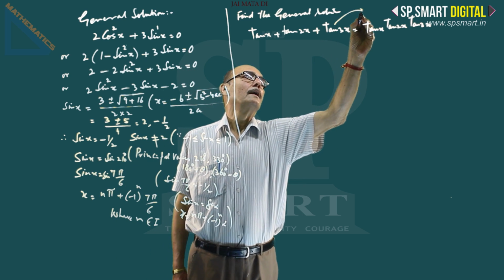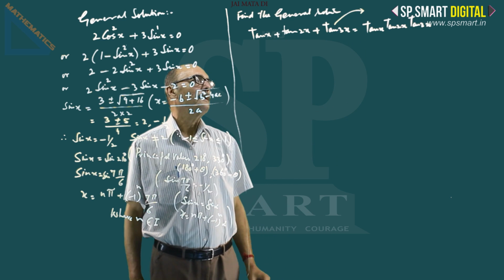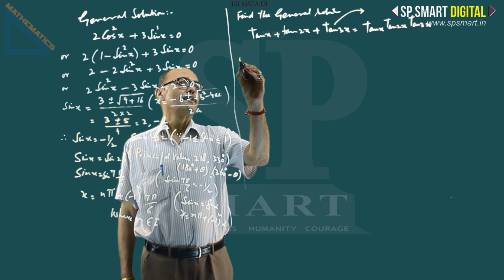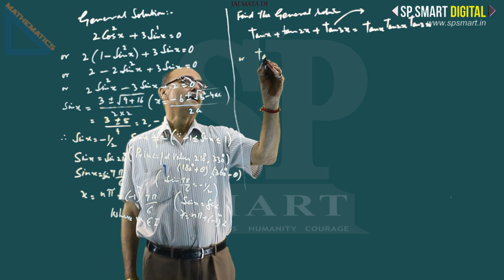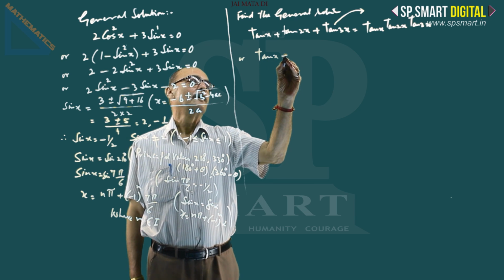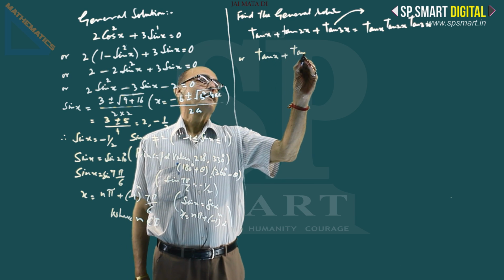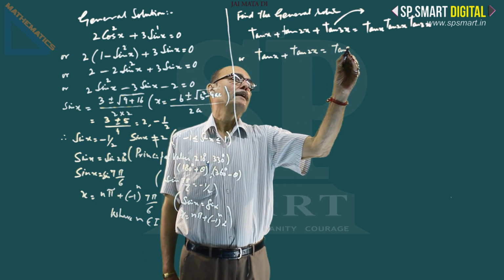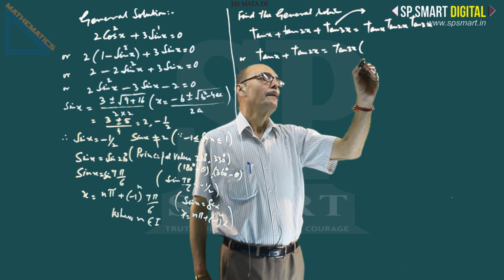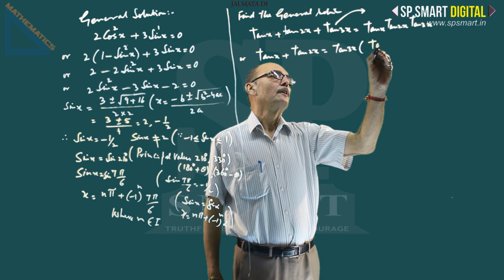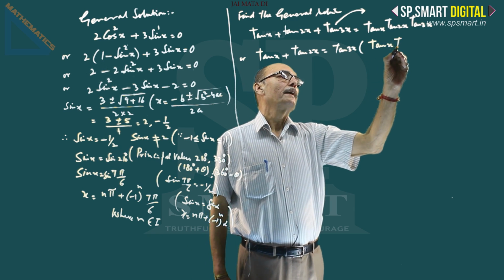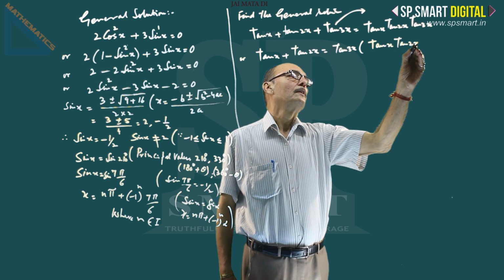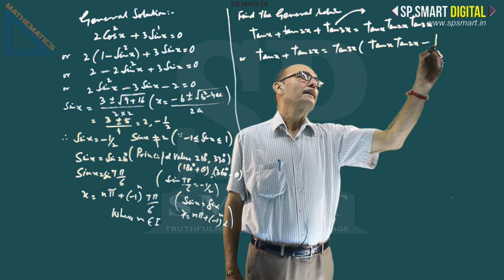Transpose tan 3x to the right hand side. So, we have tan of x plus tan of 2x equal to tan of x, tan of 2x, tan of 3x minus tan 3x.